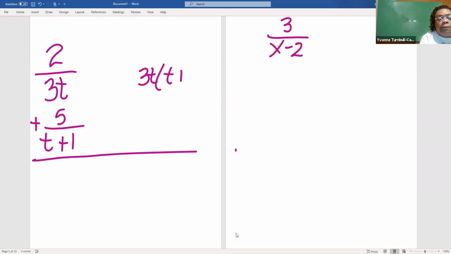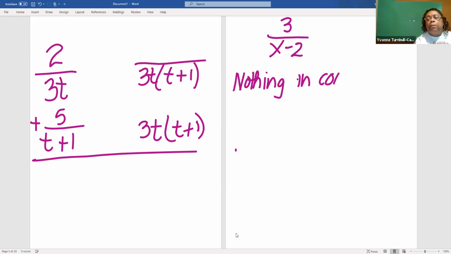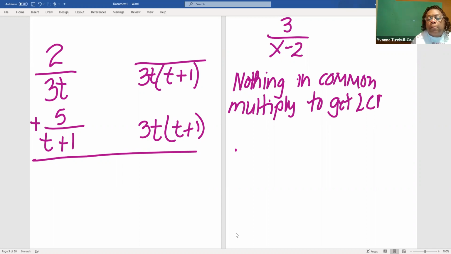Nothing in common, so multiply both denominators to get the LCD.